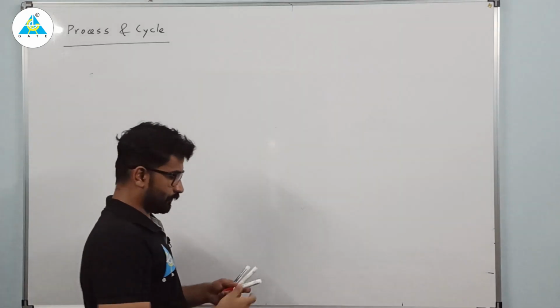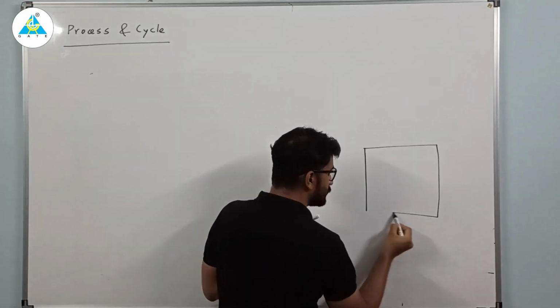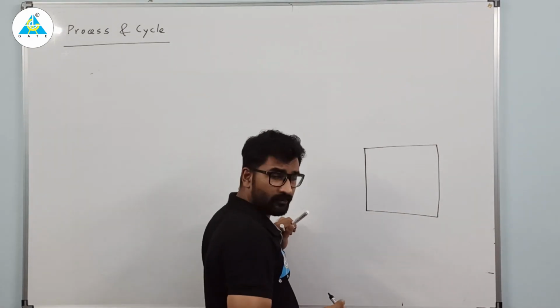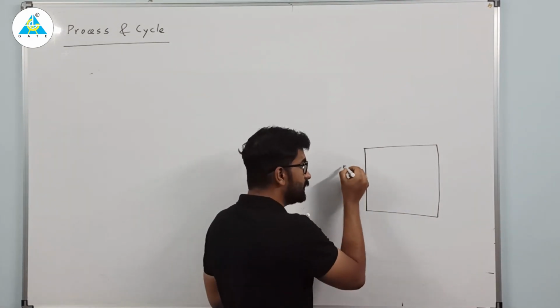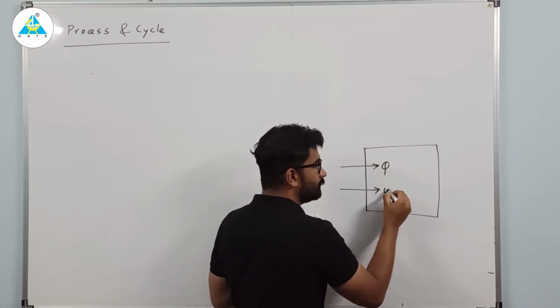Now you can see here, since our chapter is about closed systems, this is a closed system. So whatever energy interaction there is with the closed system is either due to heat or due to work.